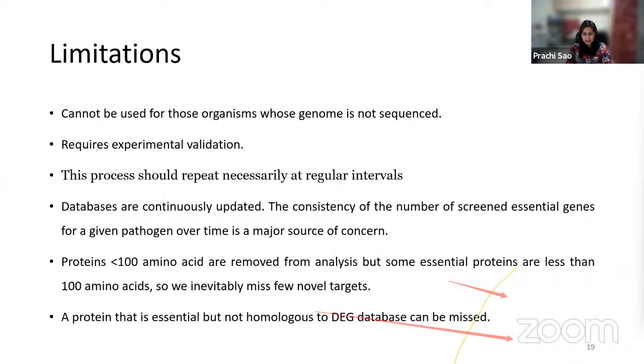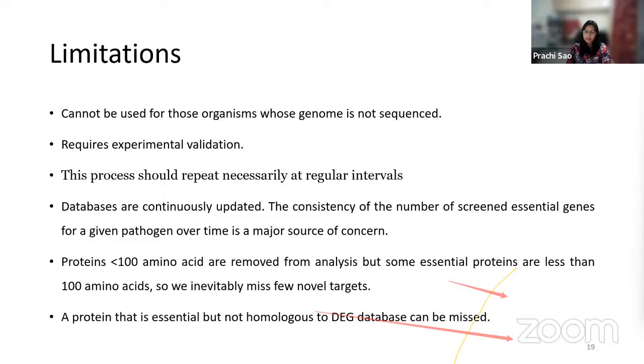There are some essential things about the DEG database, that it varies a lot very soon. When we are focusing on essential genes, we have to make sure that we are screening the essential genes very well, not just with the database but also theoretically, using some papers and validating our work.